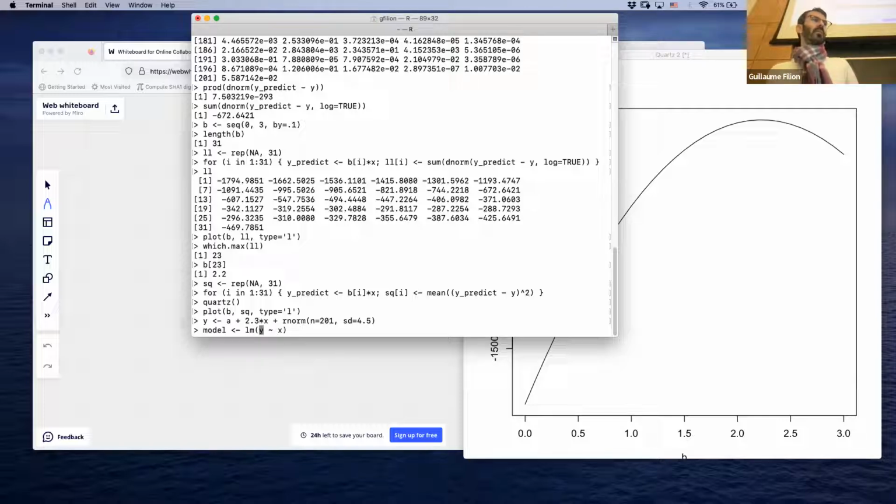It means that y is a function of x. And not just that, it means that y is a linear function of x of the form a plus bx, and that the residuals are Gaussian.